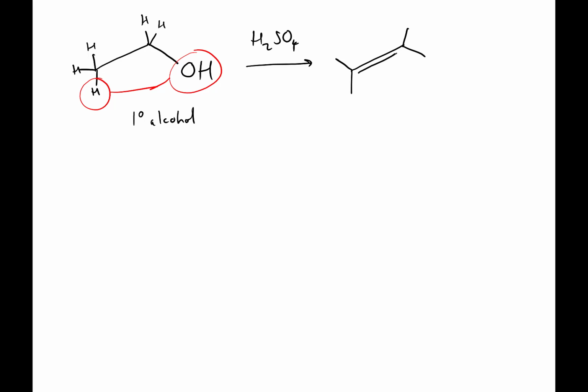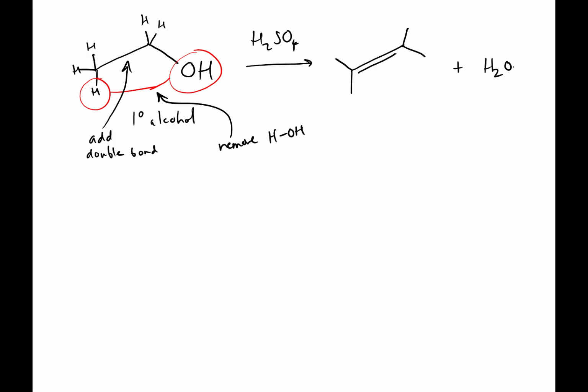I add a double bond where I've replaced them, I'll just write this, add pi bond or double bond, and then remove H2O, HOH, which is of course water. So I'll write plus H2O there. So that's really what we end up with, okay?